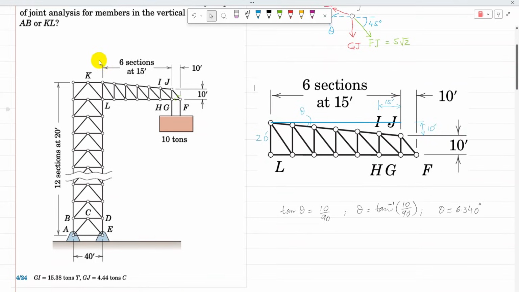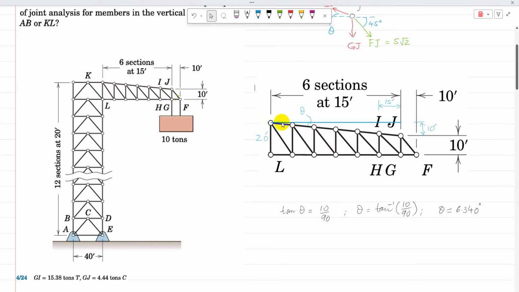By analyzing the geometry, each vertical section is at 20 feet. If I isolate the cantilever part on the left side, the end is 20 feet, and then 6 sections at 15 feet, so the total length is 90. All the triangles are similar because the vertical height of each section keeps decreasing uniformly.